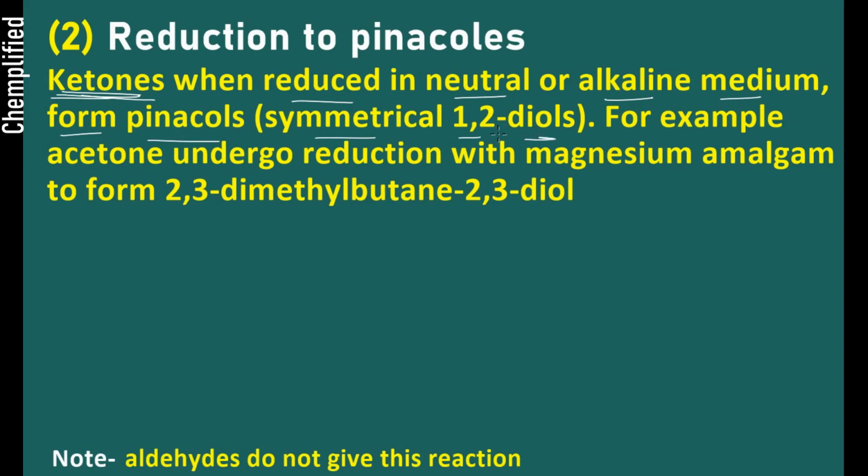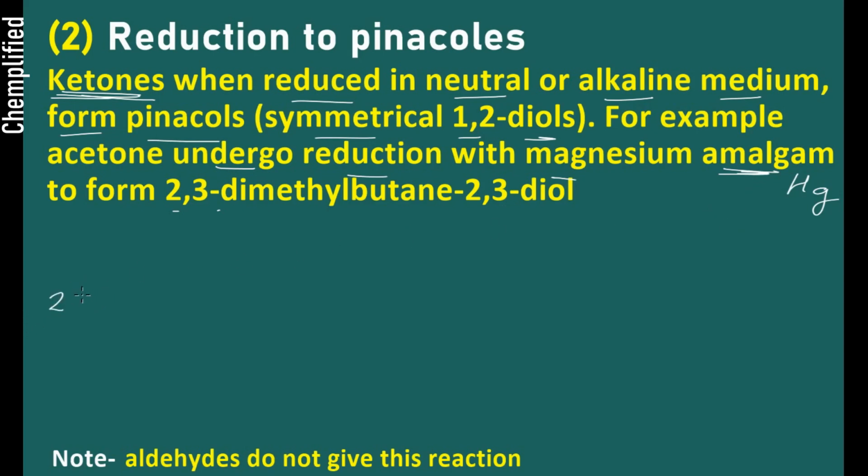Symmetrical 1,2 diols. We will write down the structure in the reaction. So wait for it. Example, acetone undergoes reduction with magnesium amalgam to form 2,3-dimethyl butane-2,3-diol. What is amalgam? Amalgam is used for Hg, mercury.